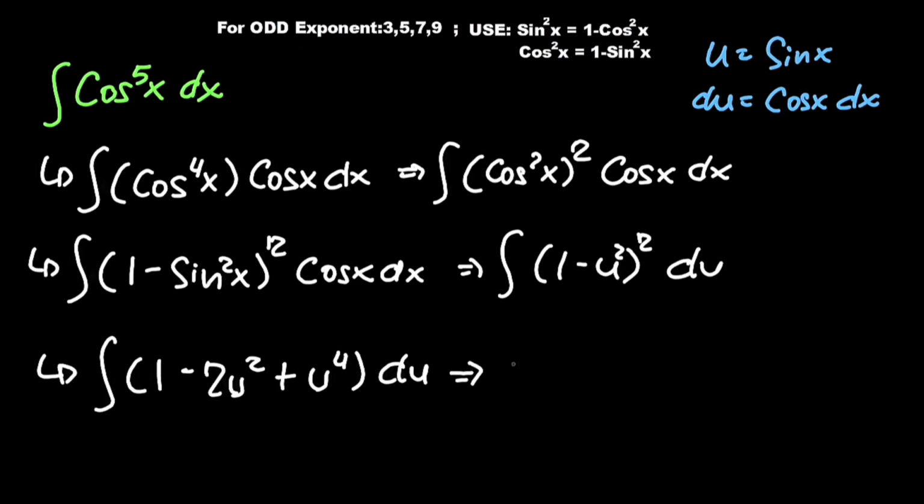The integral of 1 du with respect to u is u. And the integral of 2u squared would be 2u to the power of 3 over 3. The integral of u to the power of 4 would be u to the power of 5 over 5 plus c.